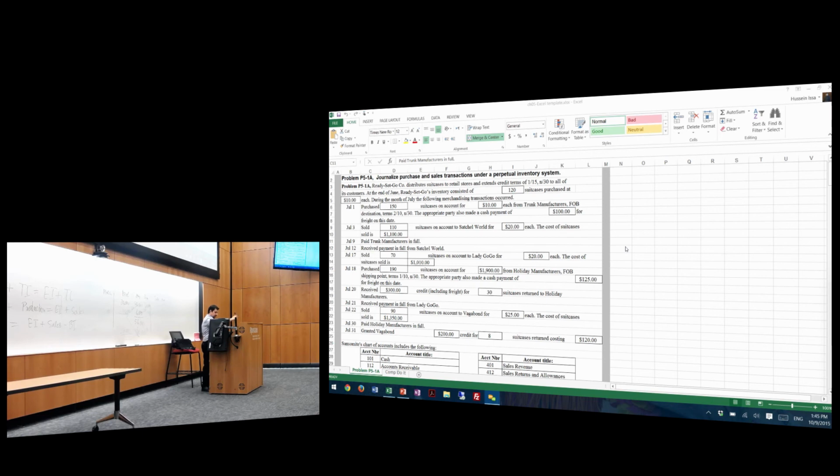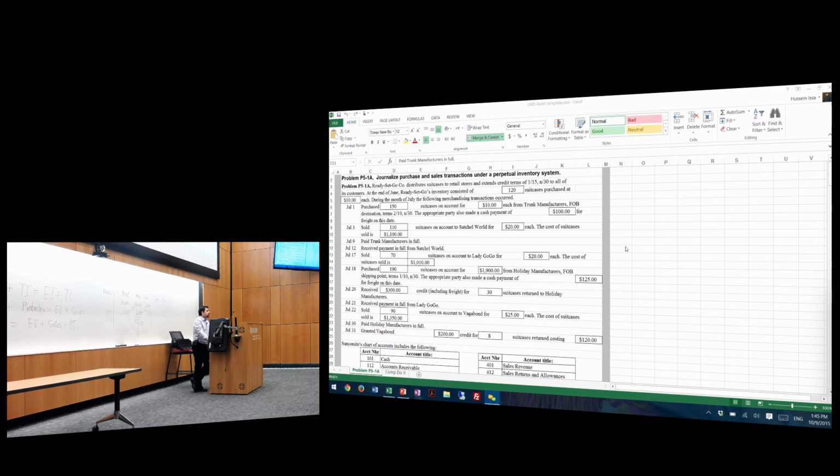Now, for example, the first one is July 1st. The company purchased 150 suitcases on account for $10 each from Trunk Manufacturers, FOB destination, terms 2/10, net 30. The appropriate party also made the cash payment of $100 for freight on this date.